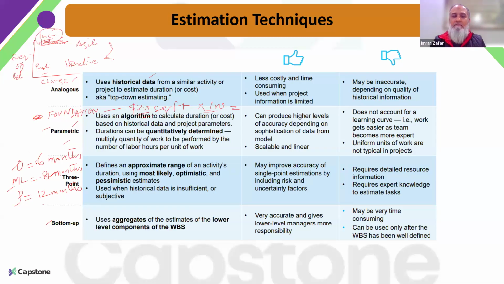So in that scenario, you can say we have utilized analogous estimation here, or parametric here, or this one is coming from bottom-up estimation. In practicality, you can utilize it like this, but let's forget about it till the exam.